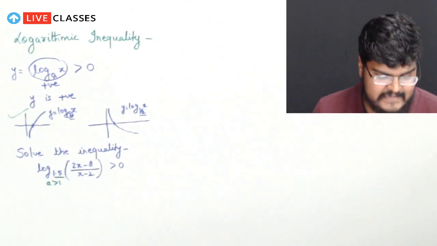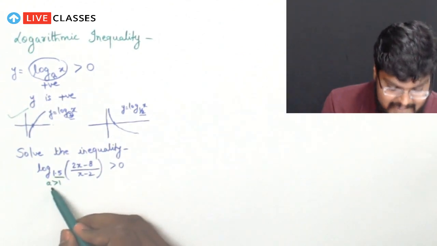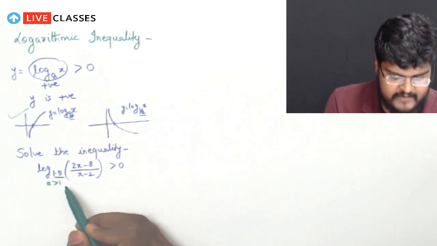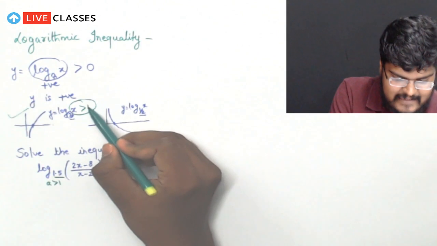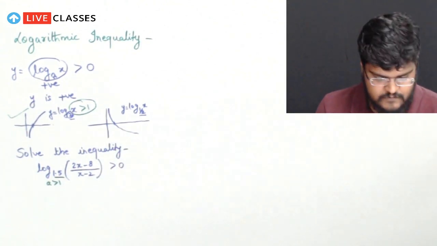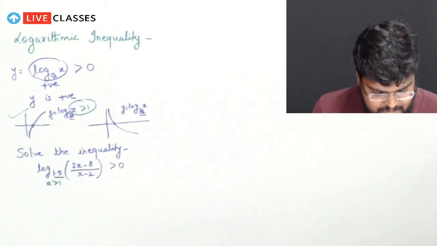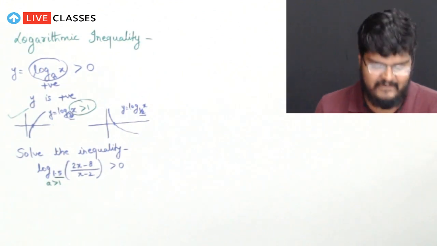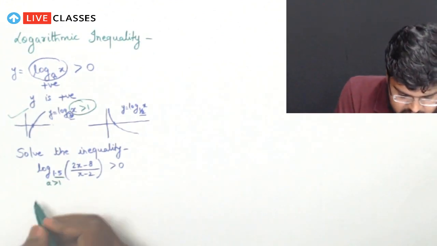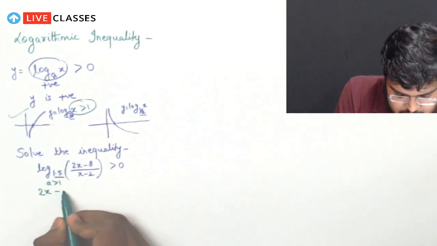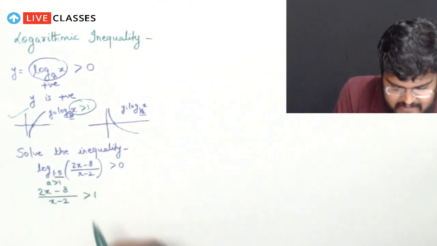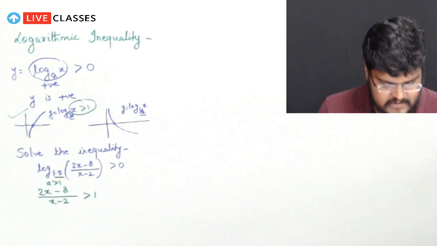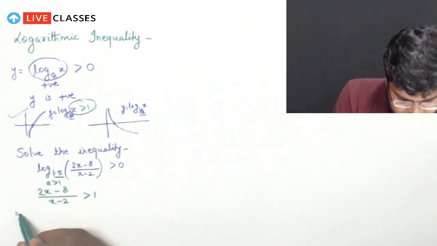And we've already seen that for base greater than 1, if you want your logarithm to be positive, then your value of x also has to be greater than 1. So it clearly simplifies our problem. All we have to do now is say that (2x minus 8) upon (x minus 2) has to be greater than 1. This is the only condition that we have to simplify now.